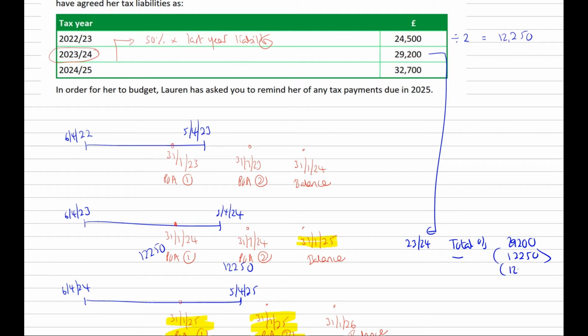And you can actually just include one total in there if you prefer. So I paid a total of 24,500. I just paid it over 2 payments. So I've got 4,700 due at the end of the period to catch up and make sure that I have settled the entire year's liability. So in January 2025, I'm making a balancing payment of £4,700.